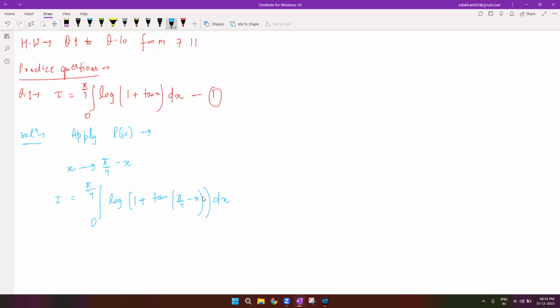Now we can open tan of pi by 4 minus x. This is tan a minus b. We know the formula for tan a minus b, which is tan a minus tan b divided by 1 plus tan a tan b.